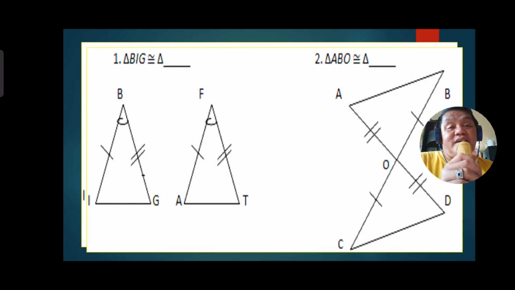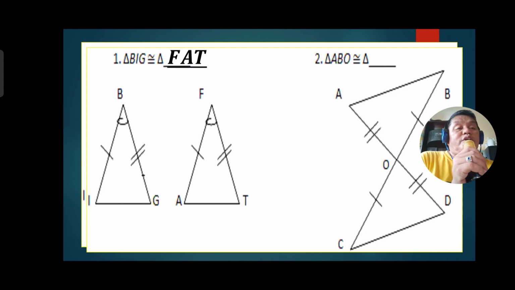Your first triangle is triangle BIG, and find the congruent triangle in the second. The congruent triangle of BIG is triangle FAT.